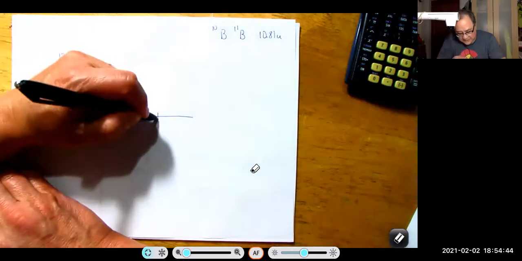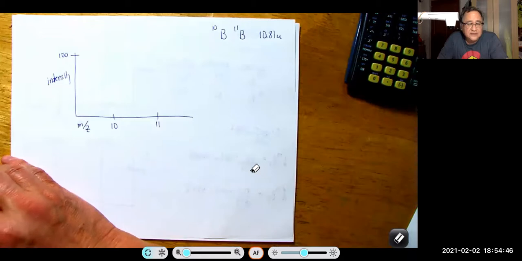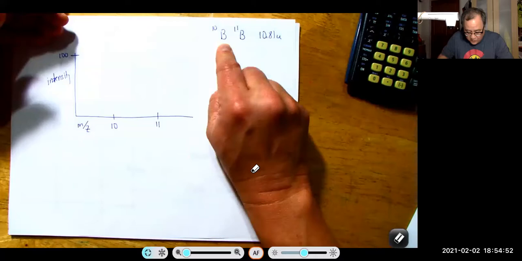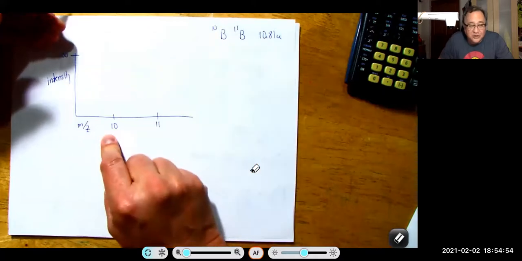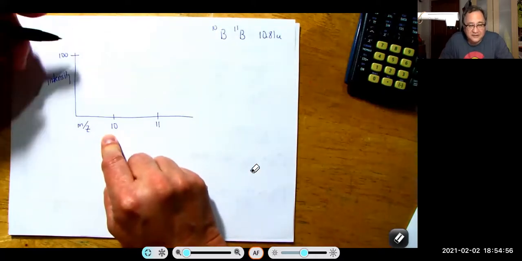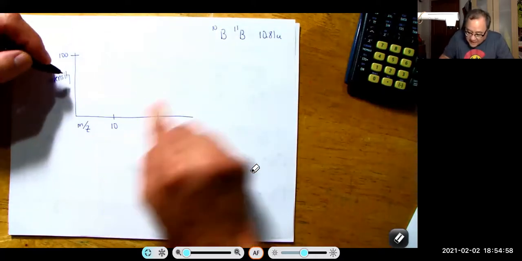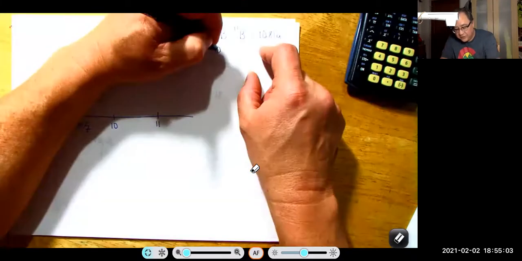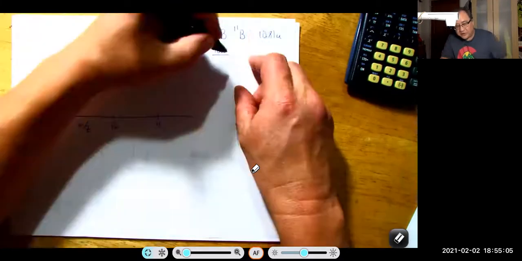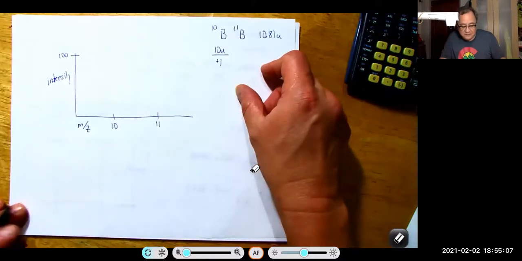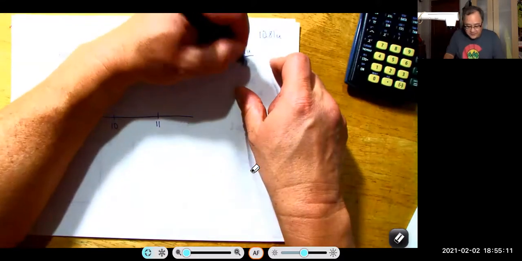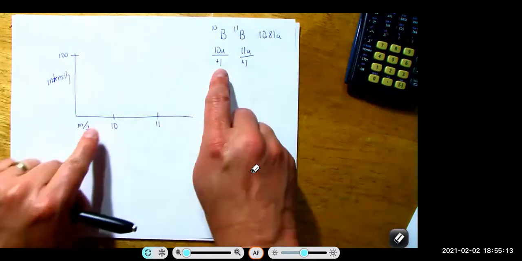Why is that? That's what you're measuring. Because boron 10 has a mass to charge ratio of 10 and boron 11 has a mass to charge ratio of 11. See, this is 10 U over a charge of plus 1. This is 11 U over a charge of plus 1. So this guy's 10 and this guy's 11.